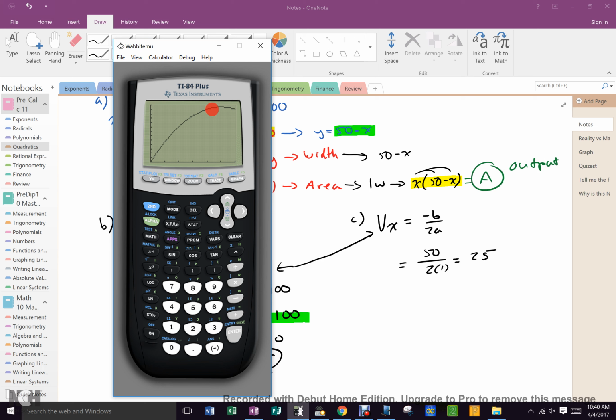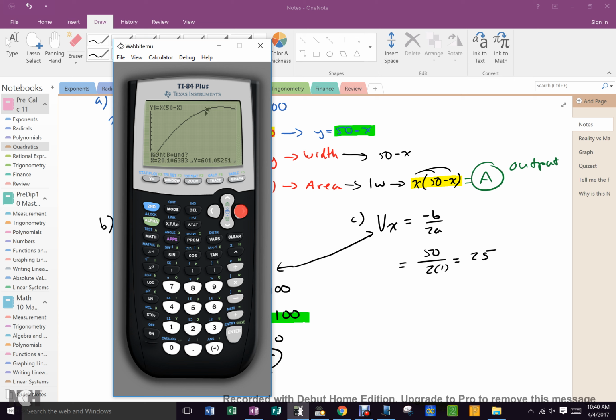So, now can I do this? We know what it's going to be, yeah? We know that it's going to be 25 for x because of what we did. So, second, calc, what do I want here? Maximum. Now, I'm going to show you guys something here. So, I got to tap it a million times. You guys are probably already there.